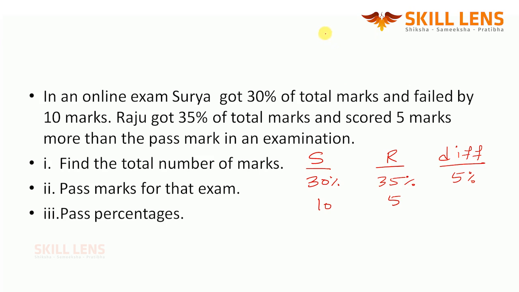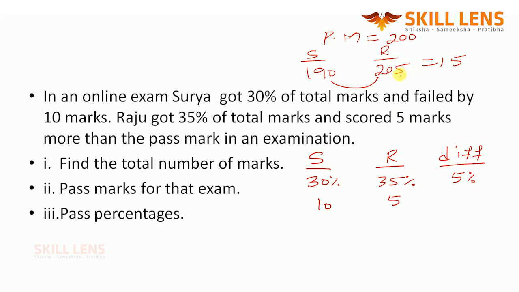Ask yourself a question. Let's assume pass marks are 200. When pass marks are 200, Surya got how many marks? He got 10 marks less, so he got 190. Then tell me, what are Raju's marks? Raju's marks are 5 marks extra. Can I say that is 205? Yes. What is the marks difference here? 15.